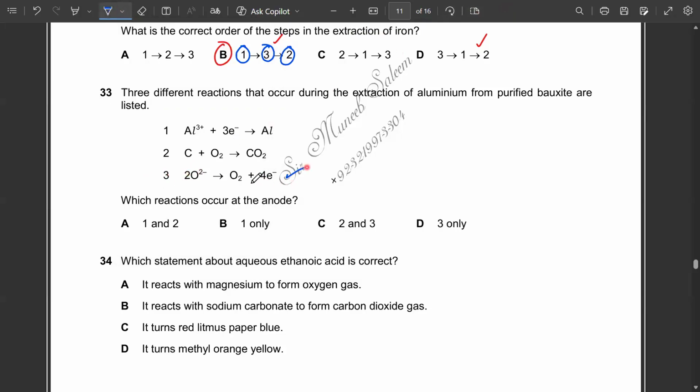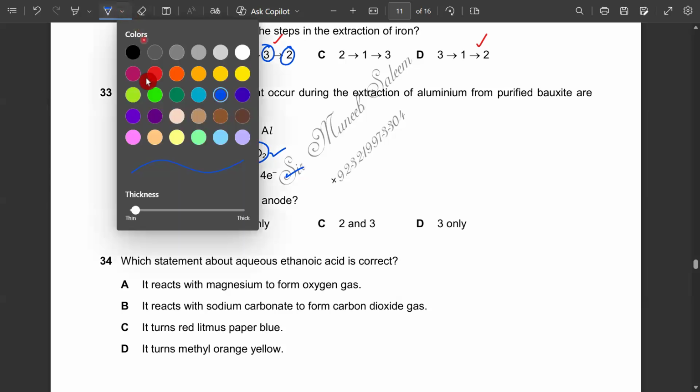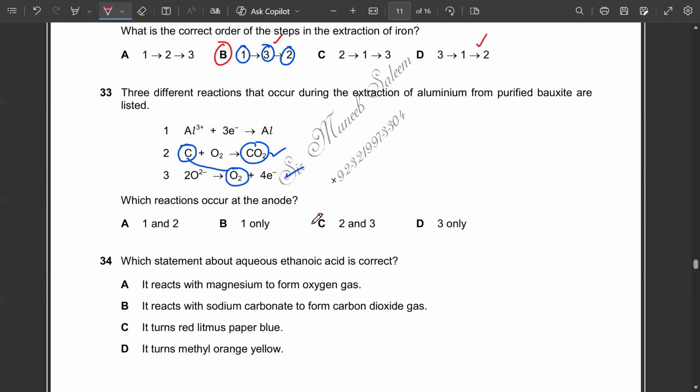This one, oxidation of the oxide ion occurs to form oxygen molecule, and the same oxygen molecule reacts with the graphite, which is the constituent of the anode, to make carbon dioxide. So the second and third both occur at the anode. So C is the correct option.